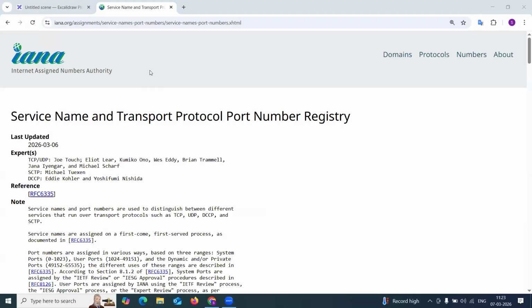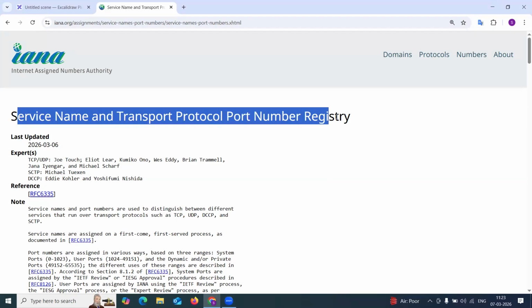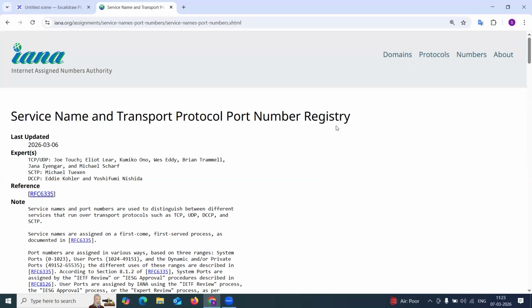So what does IANA do? See, IANA was an organization who came up with the concept of service name and transport protocol number registry. So at the transport layer, whichever port number you see, TCP based and UDP based port numbers, that concept was given by IANA.